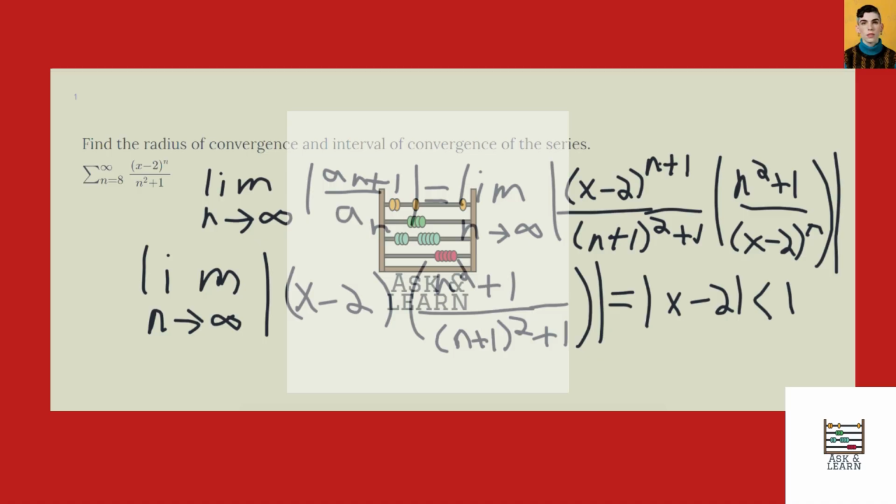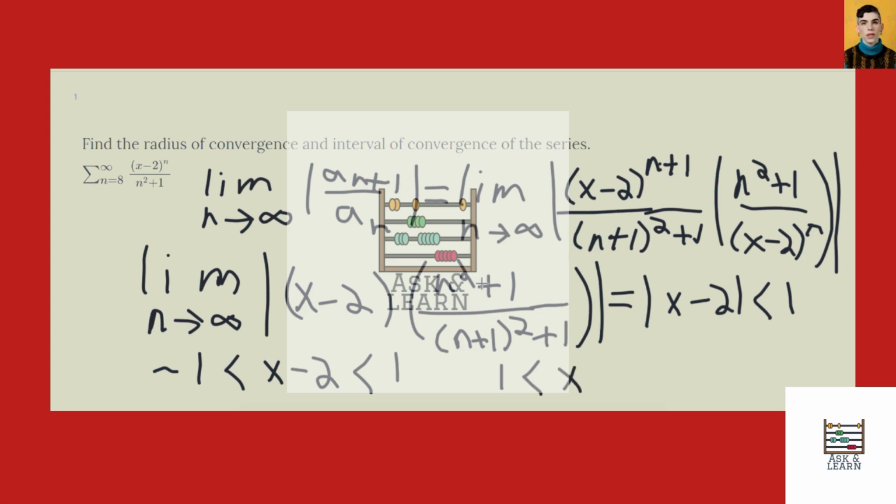Okay, so the absolute value of x minus 2 is going to be less than 1 when x minus 2 is trapped between minus 1 and 1. So if we have that minus 1 is less than x minus 2, we can add 2 to both sides and see that that corresponds to 1 is less than x.